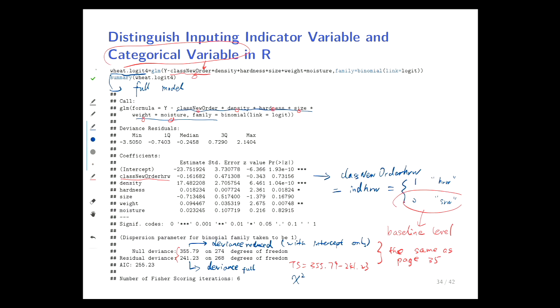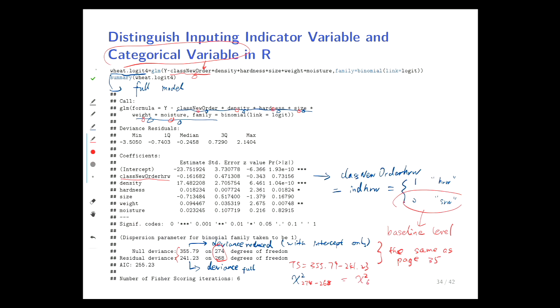So here we have, if you still remember, 1, 2, 3, 4, 5, 6, right? And another way to compute the degrees of freedom is to use this, 274 minus 268. So that's exactly equal to the chi-square distribution with 6 degrees of freedom.